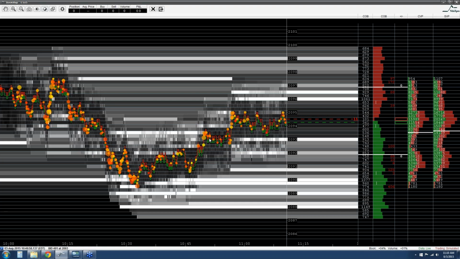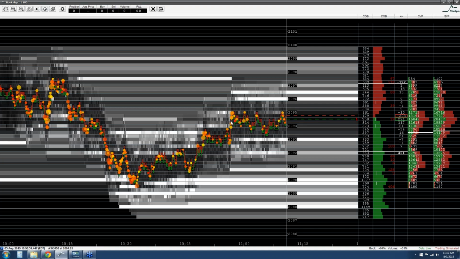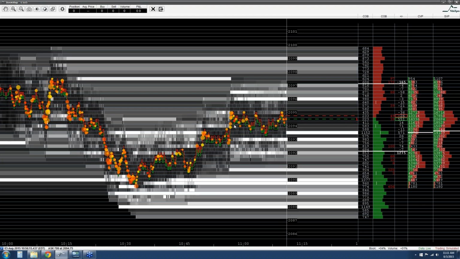Then this is that new range here, and you can see another nice sweeping of the book here, a little bit more aggressive. That's something to note. We can see that very clearly here, and you can see that it clearly traded. We see the liquidity provided and taken. Now we're trading in this little area here.